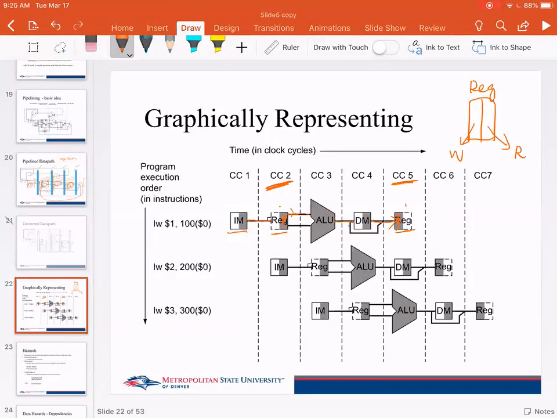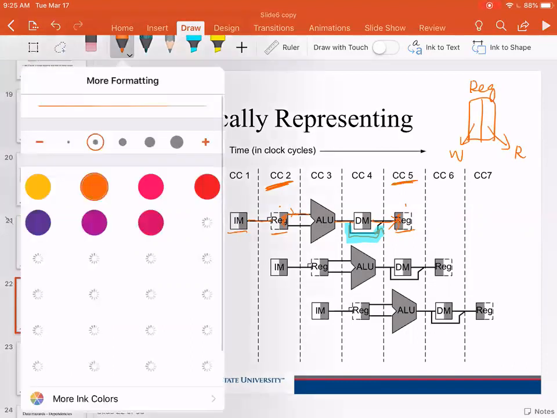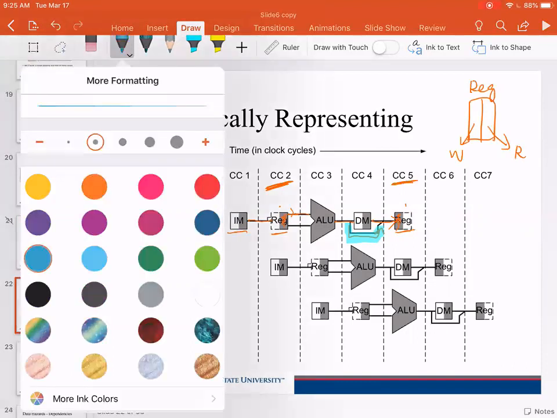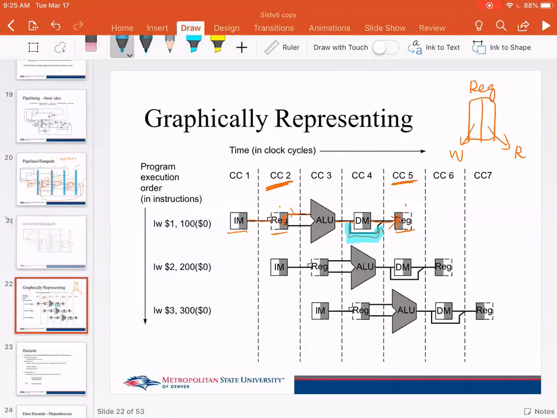Why is there one more line here? That line will be used so that data could be transmitted through it. For example, suppose we're doing ADD. Then we do not need to read anything from the data memory, right? I will use a blue line to indicate how the data path looks.